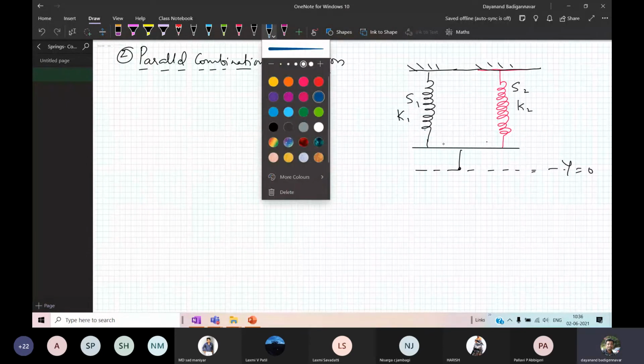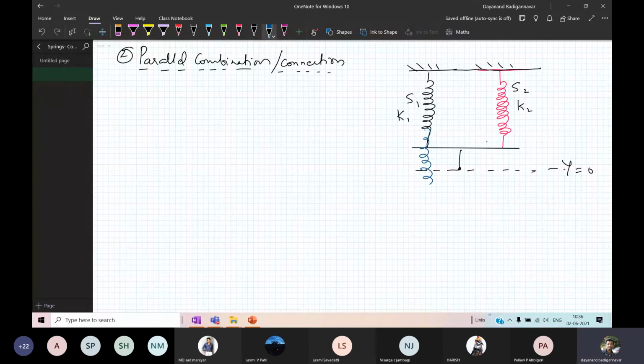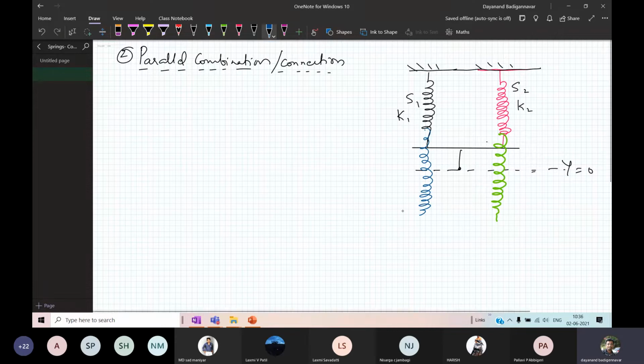It gets elongated like this, while S2 also gets elongated like this.